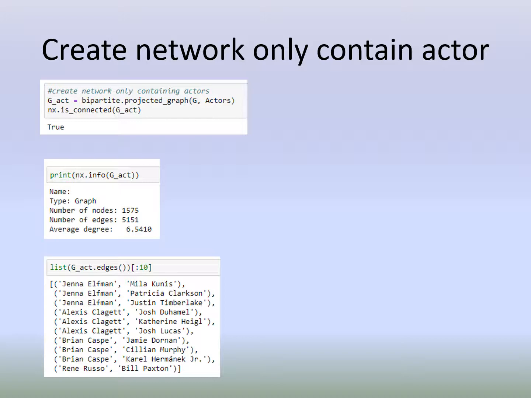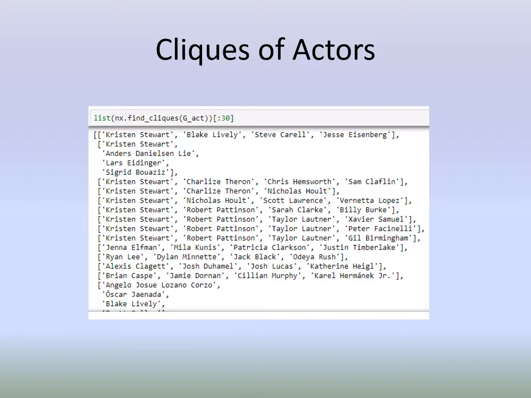Here is a list of some edges we can see. This is Jenna Elfman and Mila Kunis, and those are the relationships of actors who were together in one movie. And here is the clique of actors.